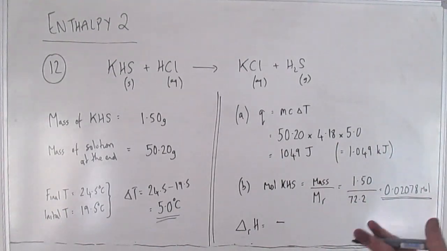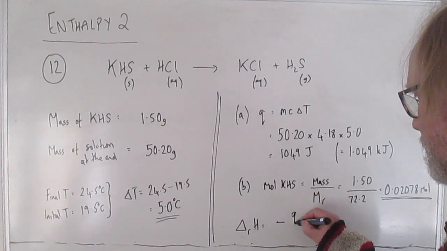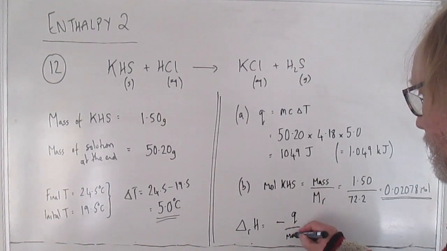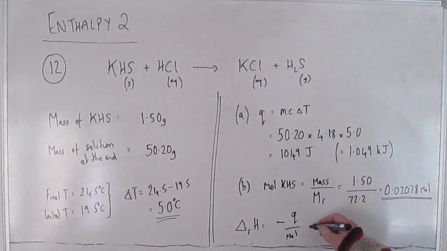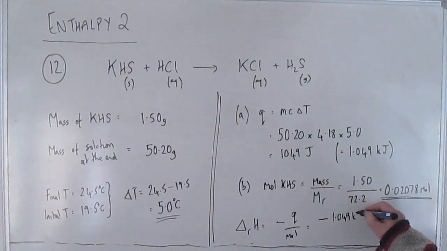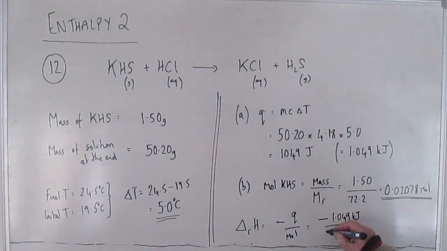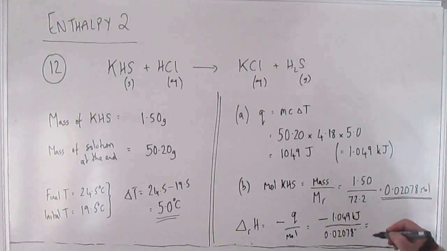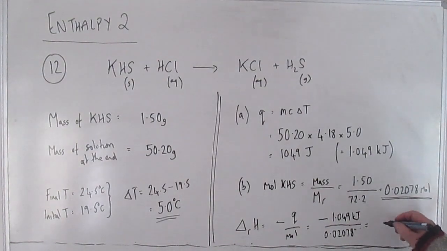Remember, if the temperature goes up, it's exothermic, so the sign is negative, so it's minus Q over moles, which is minus 1.049 kilojoules divided by 0.02078 moles, which comes to minus 50.5 kilojoules per mole.